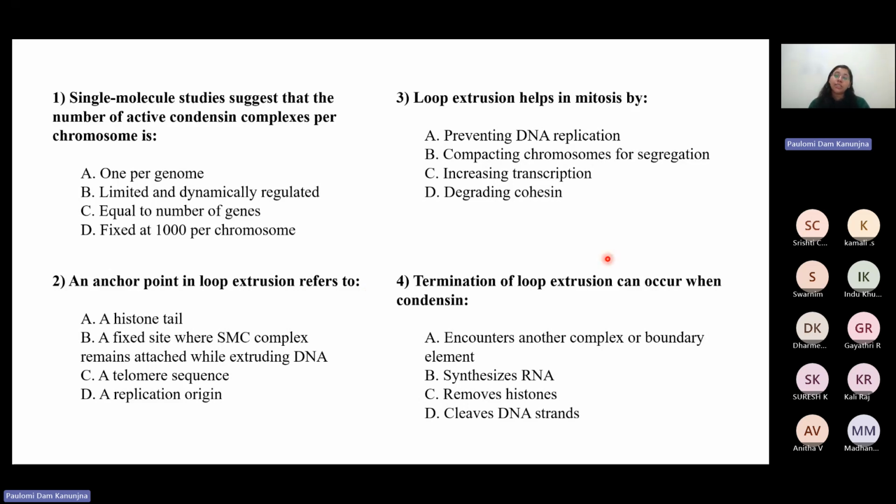Loop extrusion helps in mitosis how, and termination of loop extrusion can happen when we are talking about condensin. No one?